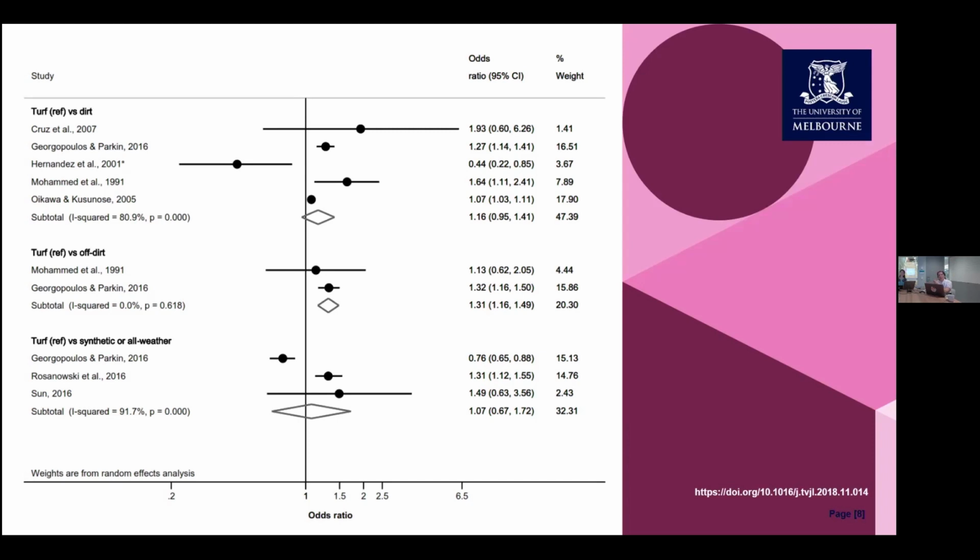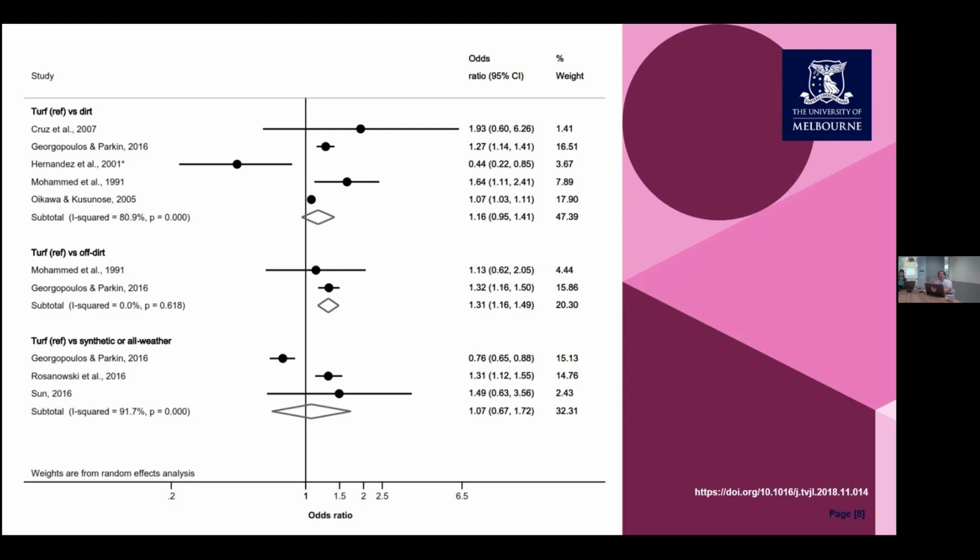When we pulled all of that information together, and obviously it's from many different jurisdictions, it in fact is not significant overall. But when we insert what we know about the track conditions into it, for example, turf track surfaces versus an off dirt, so muddy or sloppy conditions, we can see two studies that found one that was not quite significant, and one, the Georgopoulos and Parkin study back in 2016 and 2017, that found slightly greater risk.